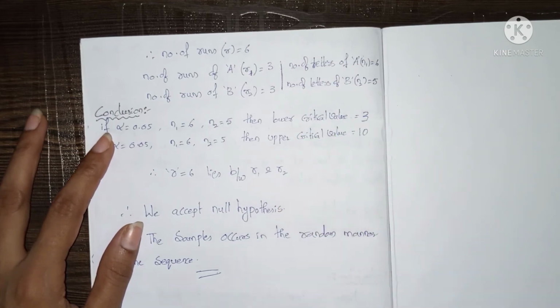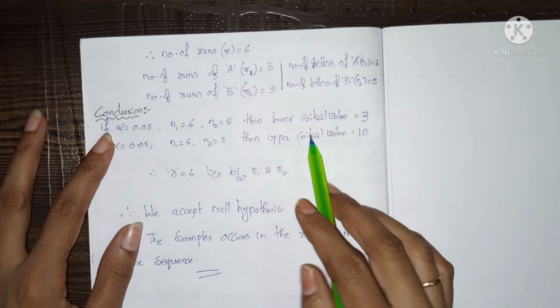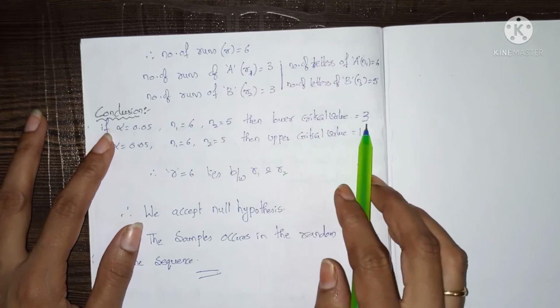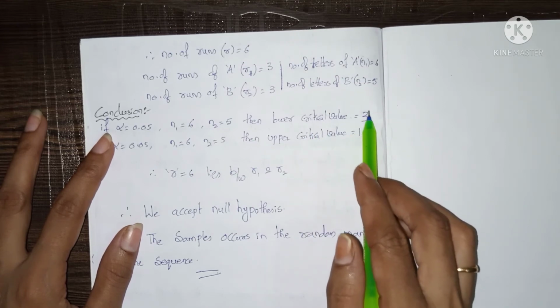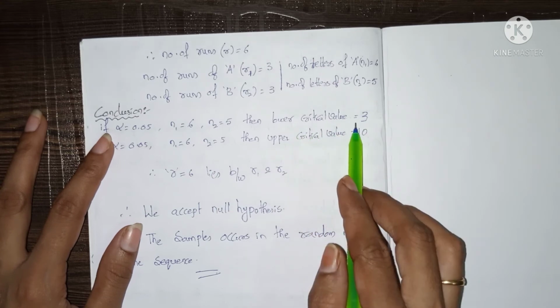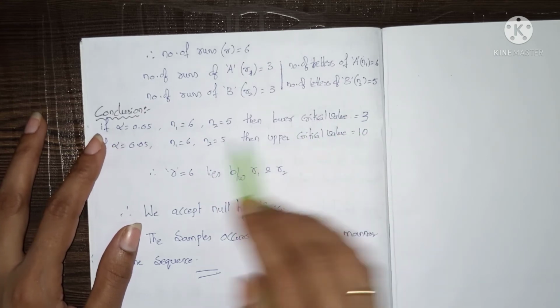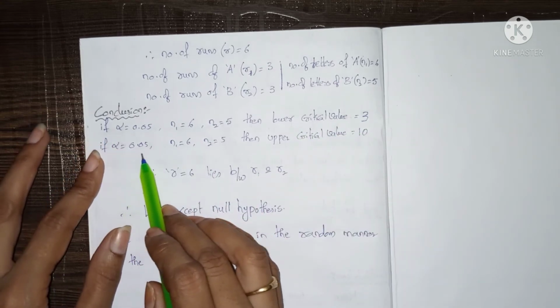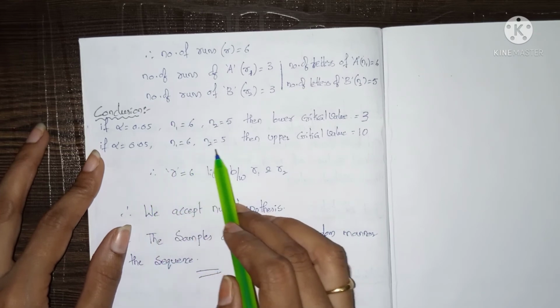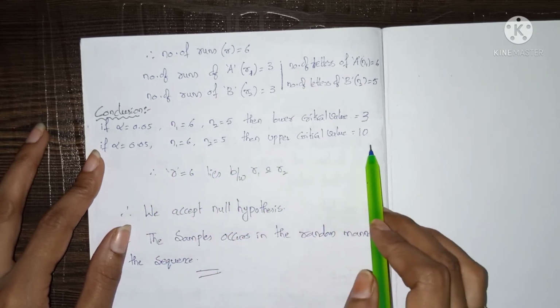If you watch that video, you will understand how to see these critical values. Okay, if alpha equals 0.05, N1 equals 6, N2 equals 5, then the upper critical value is 10.